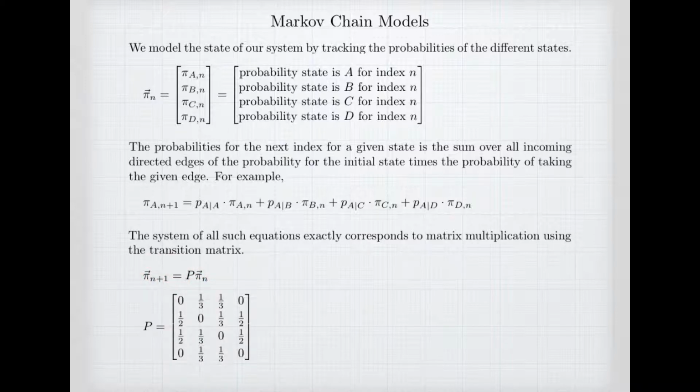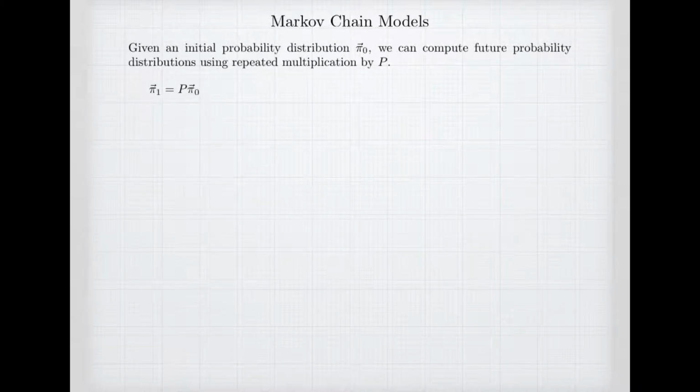Regardless, we have some initial distribution. I can now calculate the probability distribution for index 1 by taking our initial distribution and multiplying it by P. If I want to find the distribution at time 2, I take what I just calculated for pi 1, multiply that by P, and I could repeat this on and on and on.